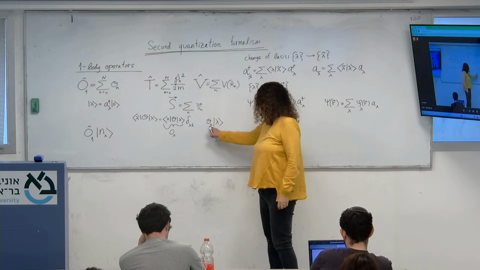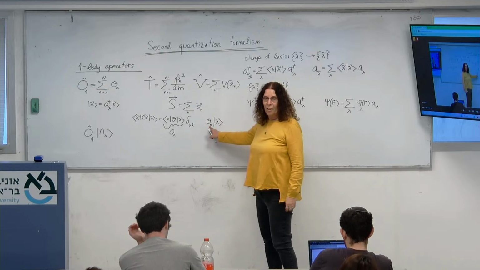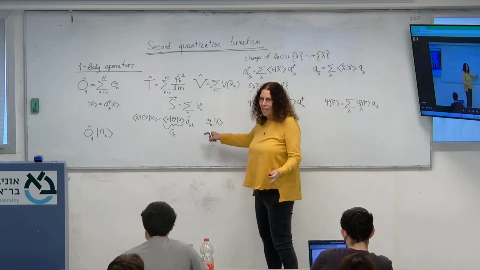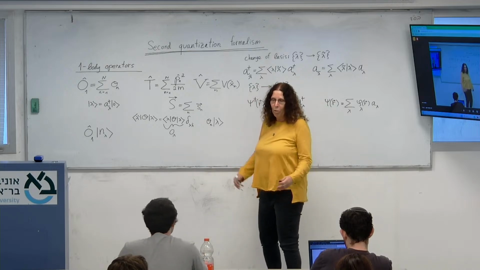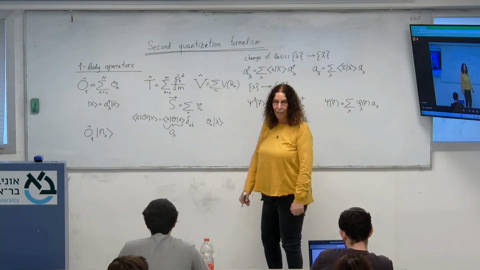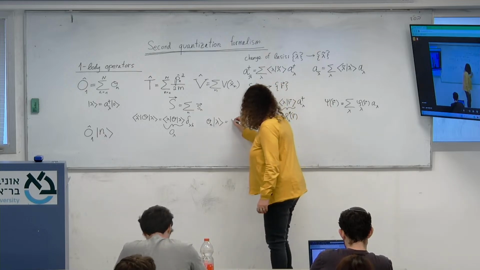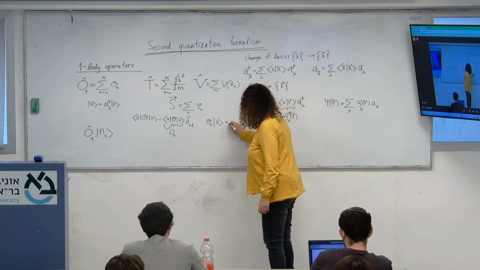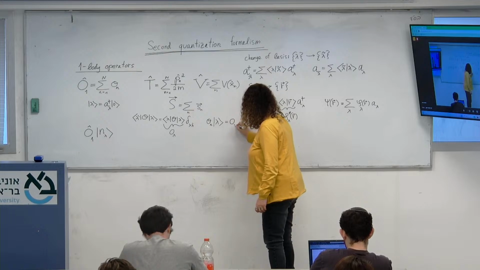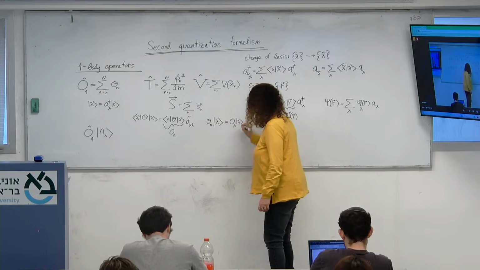Okay, and the index n is an index of a particle, but the particles are identical, so I don't care which one it is, okay? But what will I get? So O lambda. Because it's diagonal, exactly, I will just get O lambda times lambda, right?